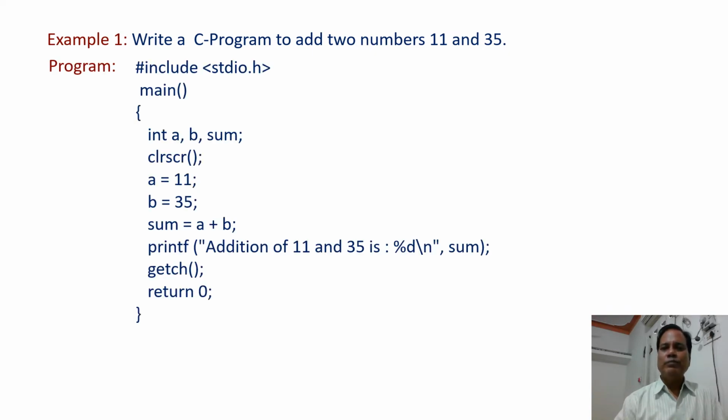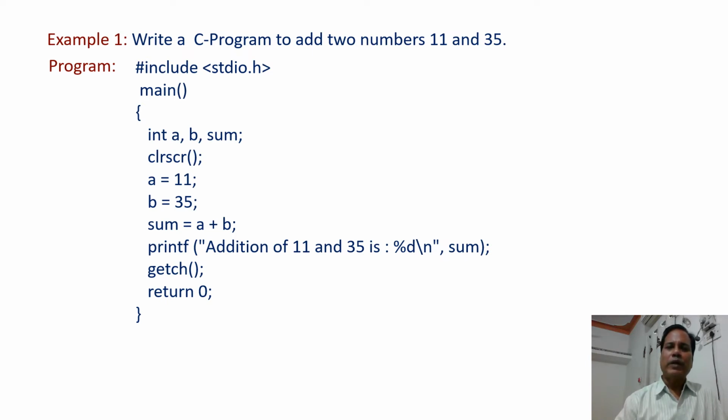So the program can be written like this. Hash include, in less than and greater than signs, stdio.h file. This file is included in every C program as it holds all the input output functions that we use in our program.